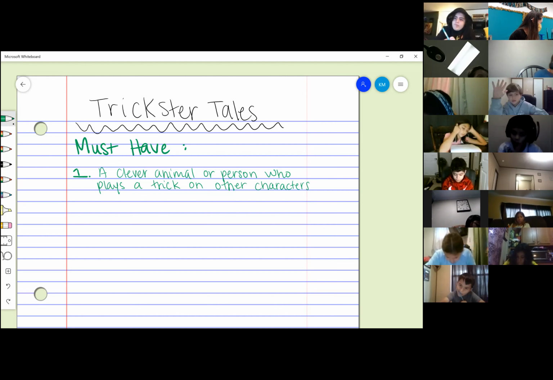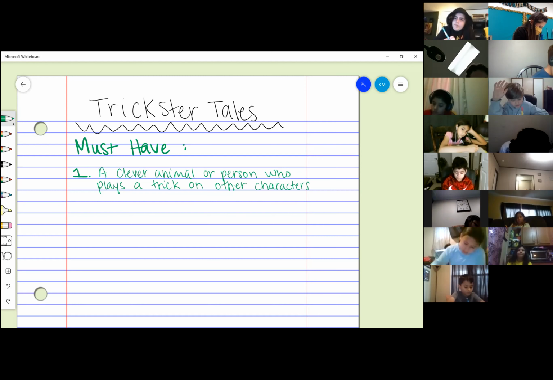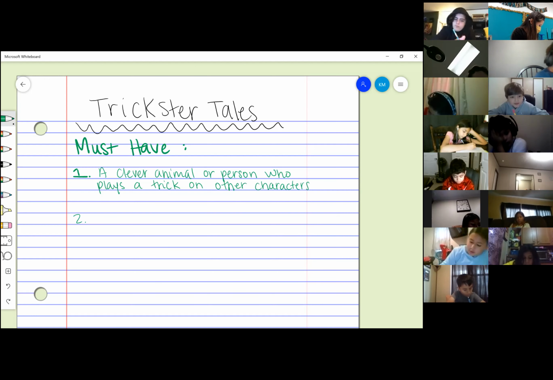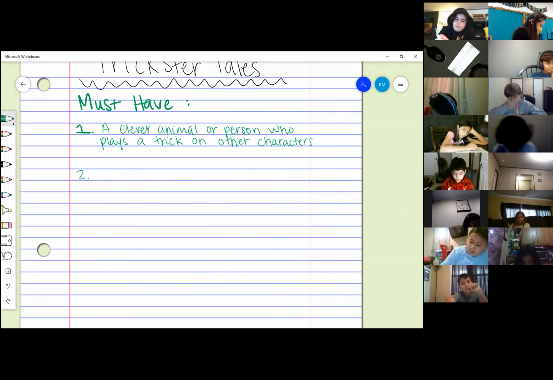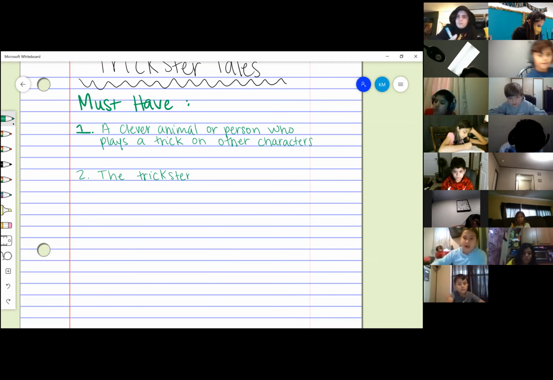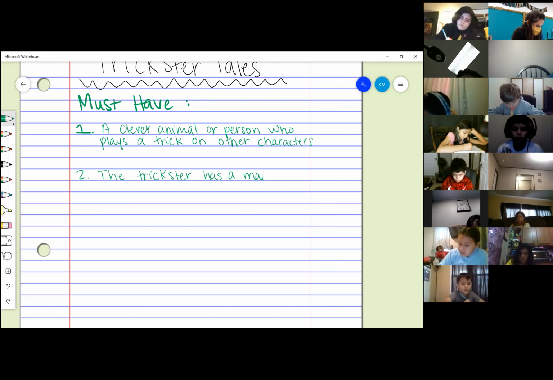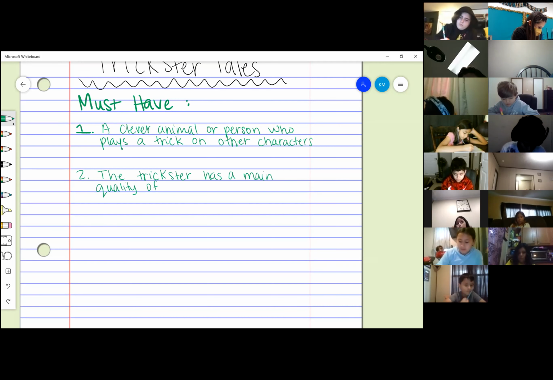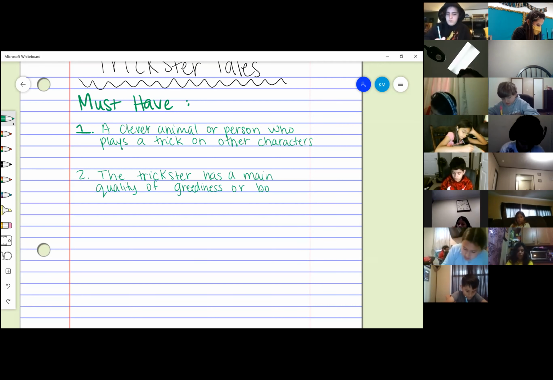The trickster character has one or two main qualities such as greediness or boastfulness. The trickster has a main quality of greediness or boastfulness. That's a mouthful.